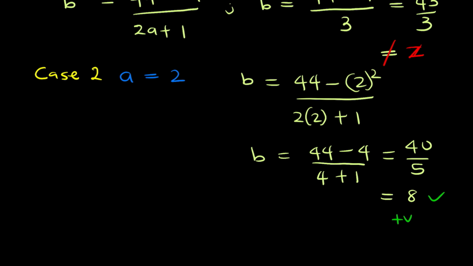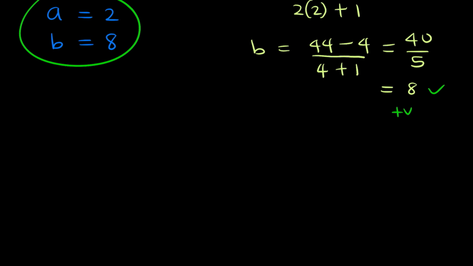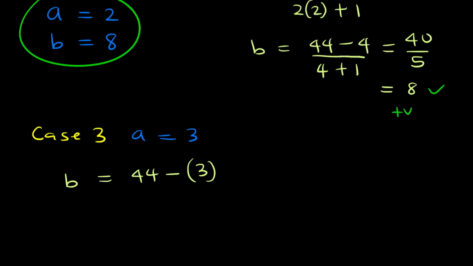So for case 2, our solution is a is 2 and b is 8, which is perfect. Let us go to the third case. Case 3, when a is 3. So when a is 3, b is equal to 44 minus 3 squared divided by 2 into 3 plus 1.